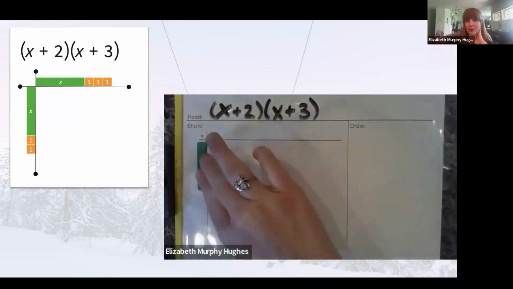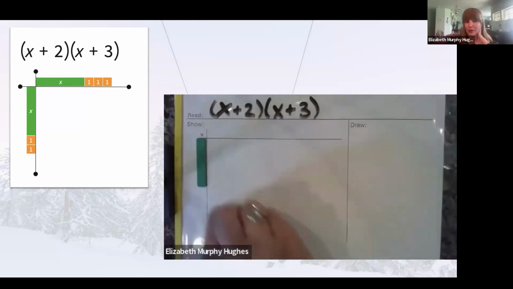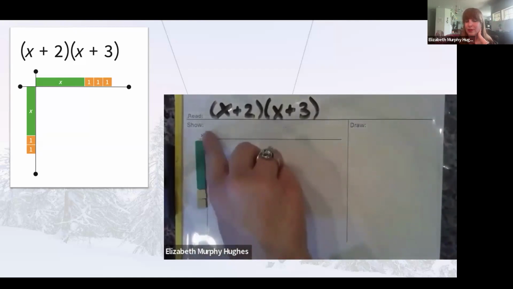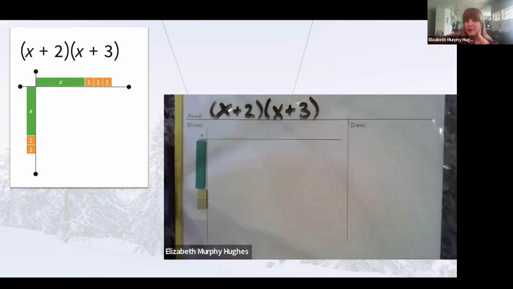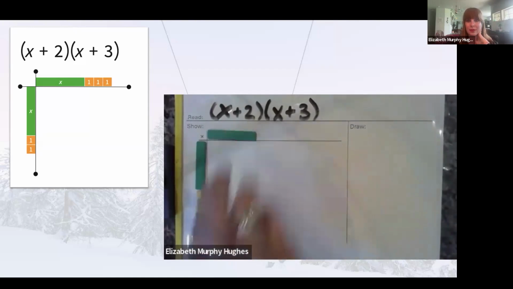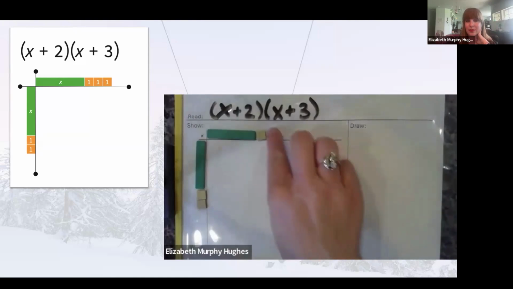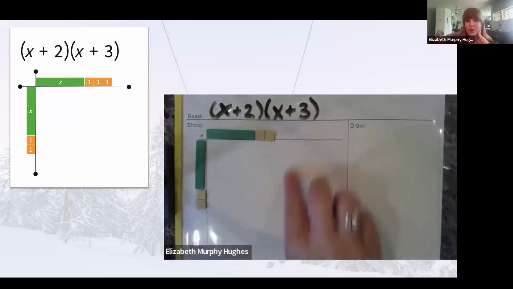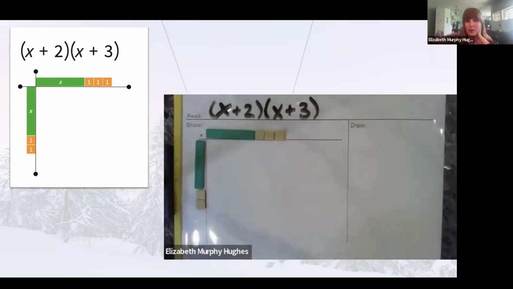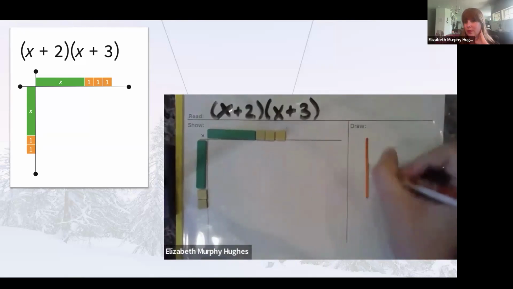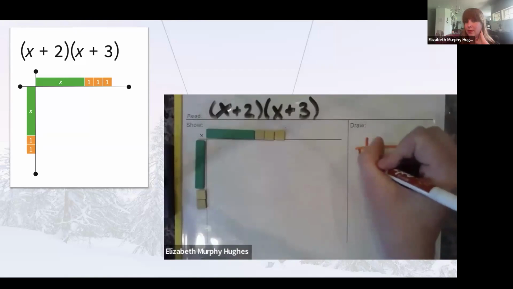I have x plus 2, so I'm going to set up x plus 2 times x plus 3. And those are all positive, so I'm making sure I'm using the positive side of the algebra tiles. If I was to draw this, it would look like this.